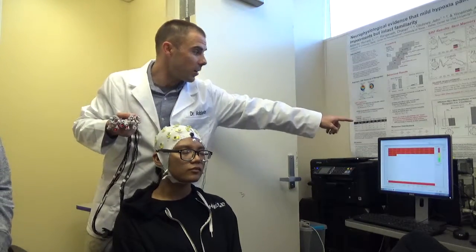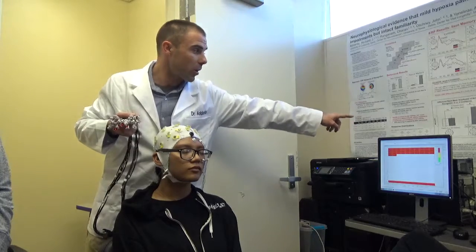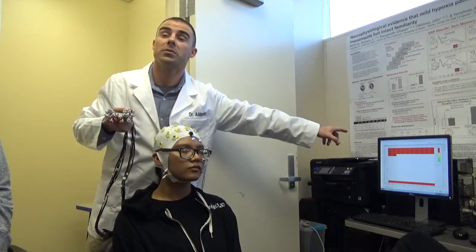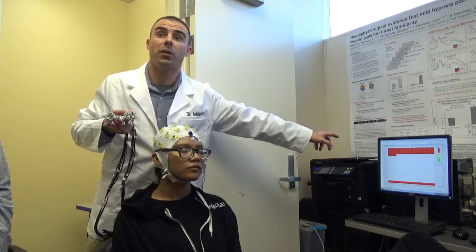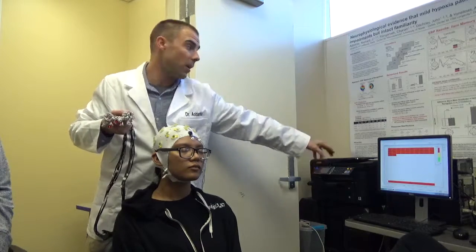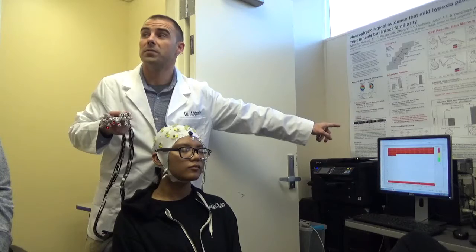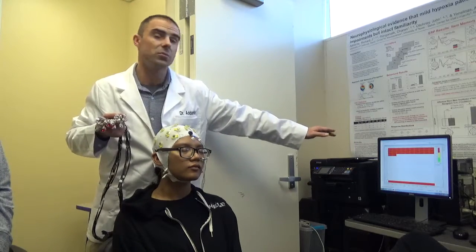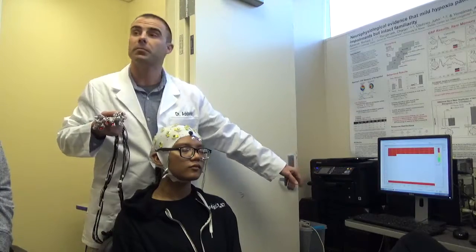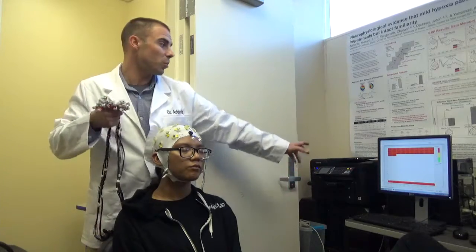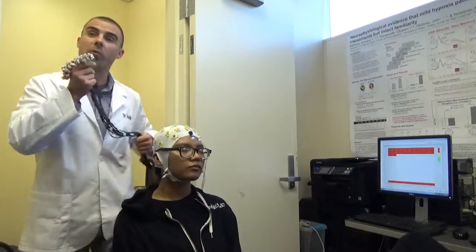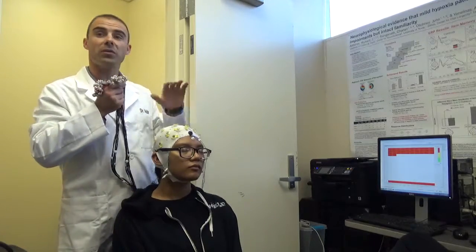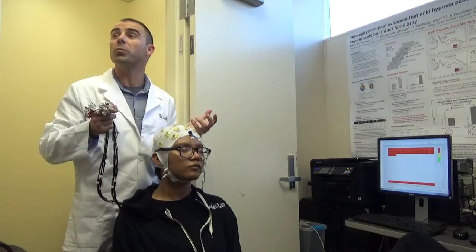The color bar on the right-hand side is a scale where the colors correspond to kiloohms, the electrical value of our impedance. High is high impedance. That's why it's red. That's a lot of interference. We want it nice and low, below about 15 kiloohms. That's our benchmark. So we'll plug these electrodes in one by one, and we'll see how good the different connections are, and a lot of them won't be very good.